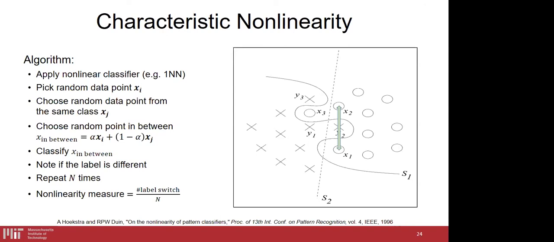And if I have a linear decision boundary as in the dotted line, this is absolutely impossible, because if it's just a straight line, you cannot have any two points from one side of the line that would have a point in between them that is part of the other side of the line. So the more nonlinear my decision boundary is, the more it curves and goes back and forth, the higher this value will get.